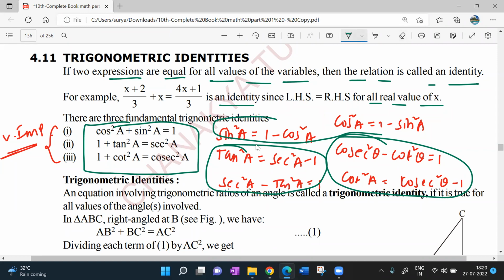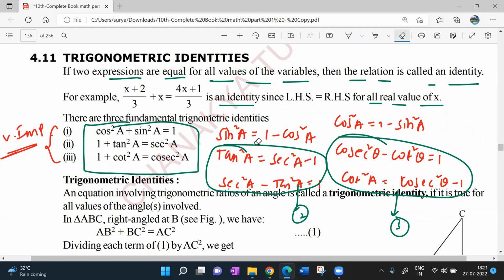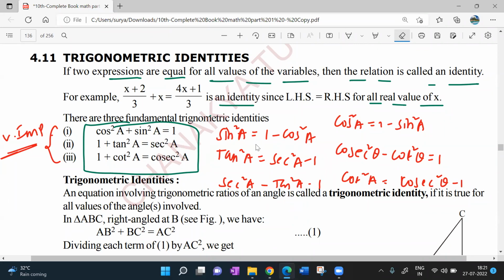If you know these three results, you can write by changing them in different ways and write the answer. Very simple. Right? Any doubts? Tell me.